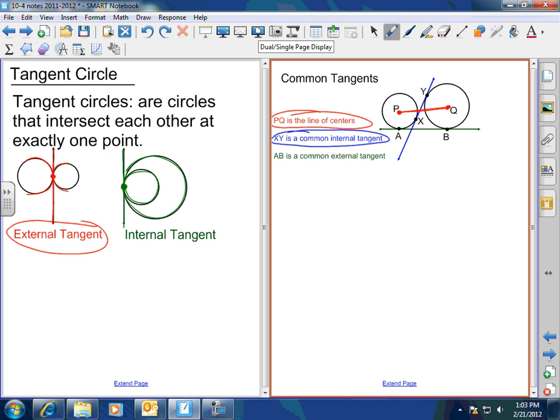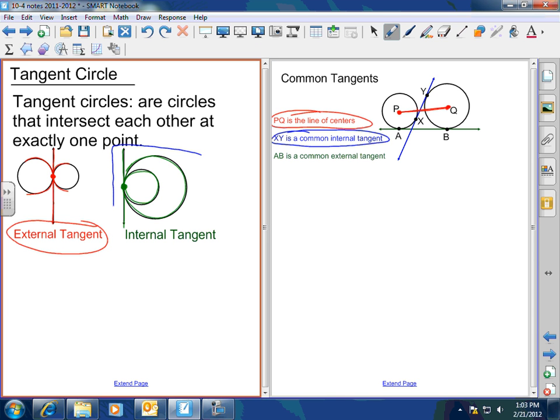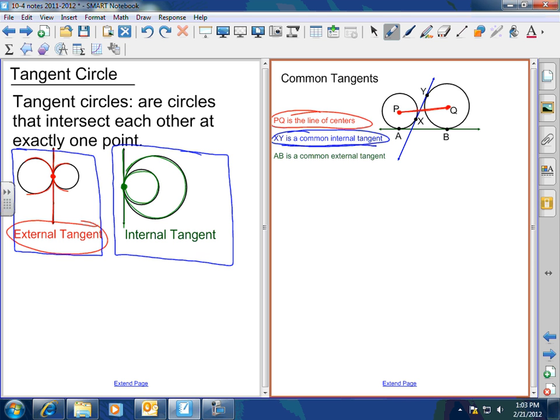In this particular case here, internal was when one circle was within the larger circle. External was when both of the tangents hit the exterior of both circles. But now, look at the blue here though. It would look as if that would be an external, correct? So why do you think it's called internal?